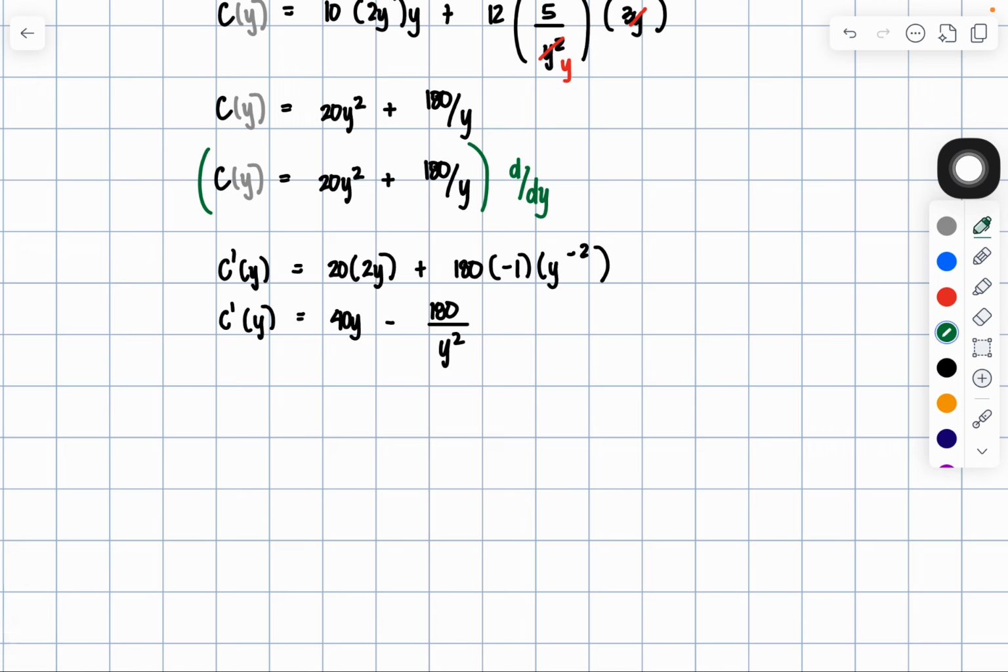So, for checking, C double prime of y, derivative of 40y, that would be 40. Ito naman, no? Si negative 180 yan, pag itataas ko yan, that is y raised to negative 2. So, ang derivative nyan, you have negative 2, y raised to negative 2 minus 1. So, you have here 40 plus 180 times 2, no?